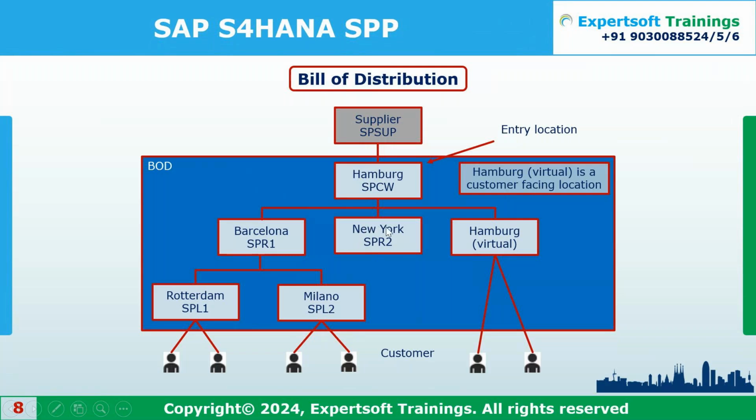This location can have a virtual location as well. Why do we need a virtual location? Because in some DCs, which also have some customer facing role, like Hamburg, since it is the entry point, it keeps some stocks to deal with the customers.